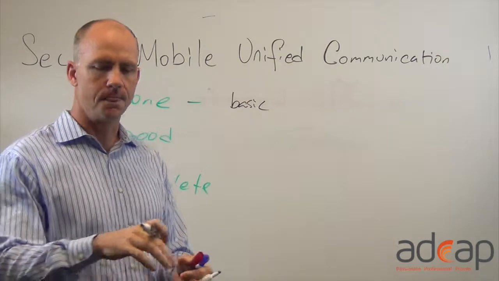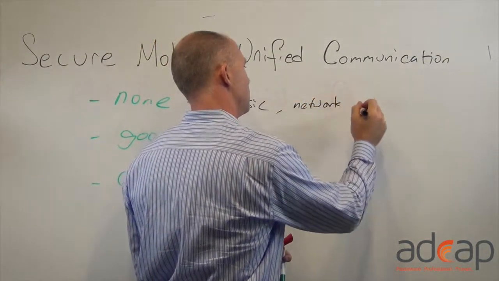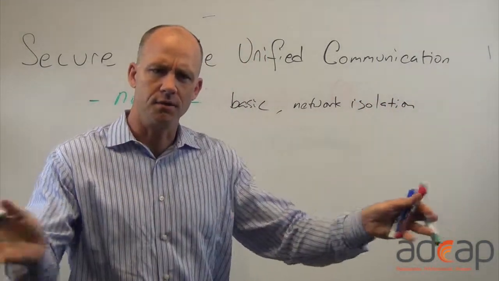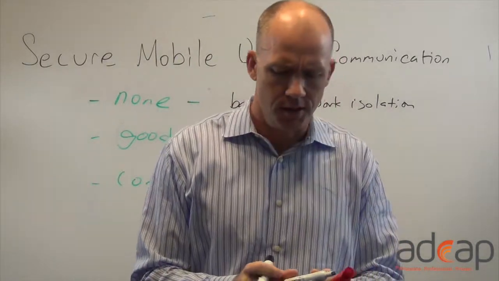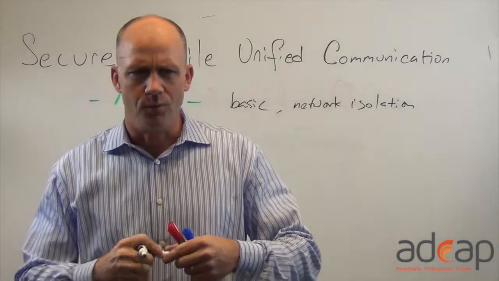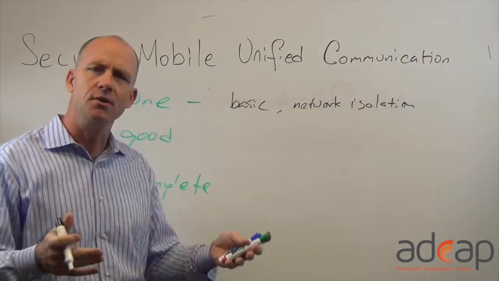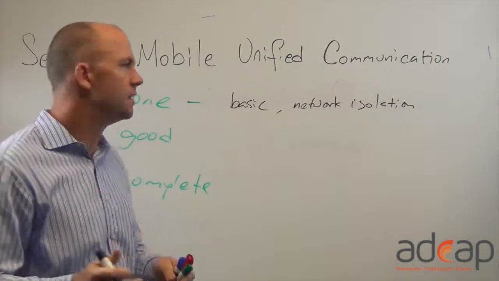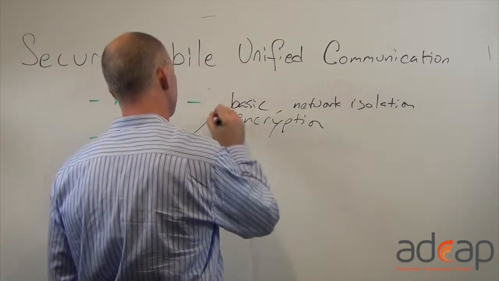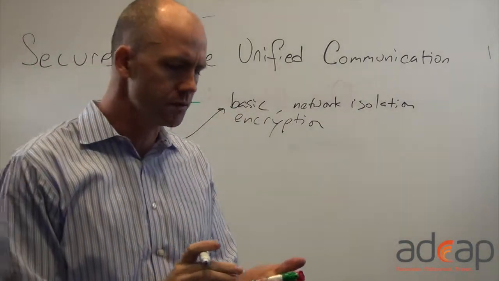We also carve off different parts of the network so that the parts of the network that are voice only can't be disturbed by other data and things like that. And that's basic. We have phones that we can use at home as well as mobile devices, and we've been able to do that for years, and we've always done that with a form of encryption. So that's good security, because we don't really do no security within the Cisco voice realm.